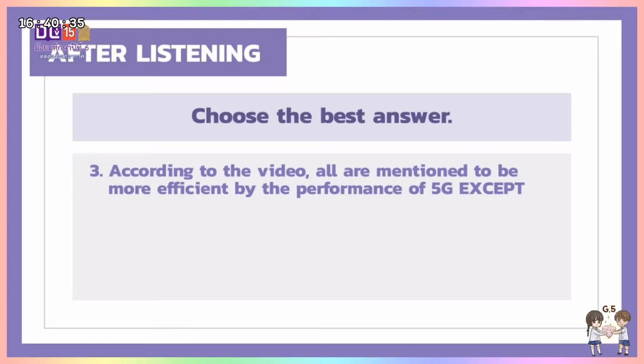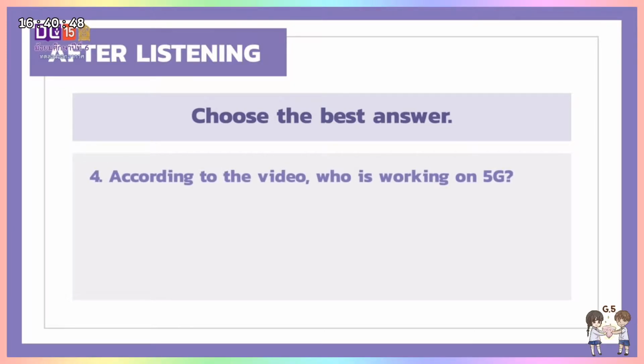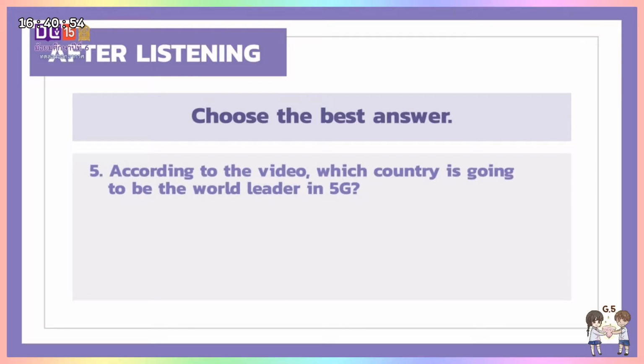According to the video, all are mentioned to be more efficient by the performance of 5G except. This one is quite hard. You have to listen carefully and look for the details. 4. According to the video, working on 5G. And 5. According to the video, which country is going to be the world leader in 5G?